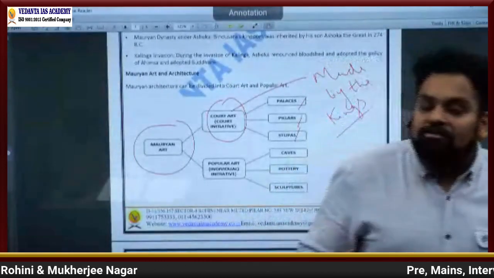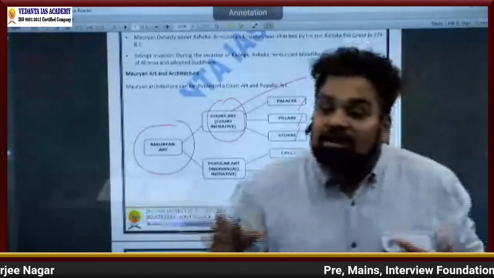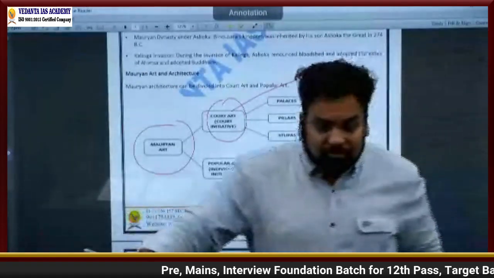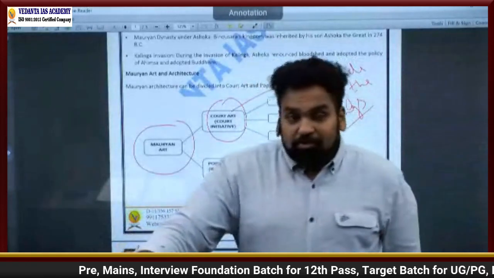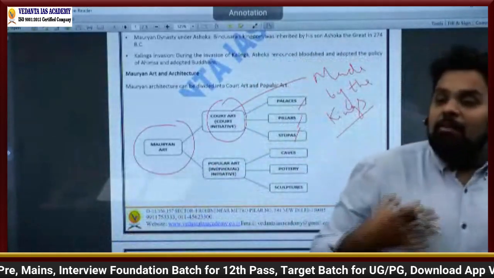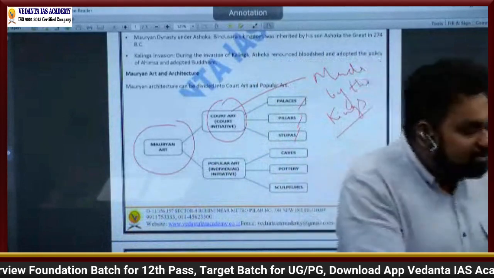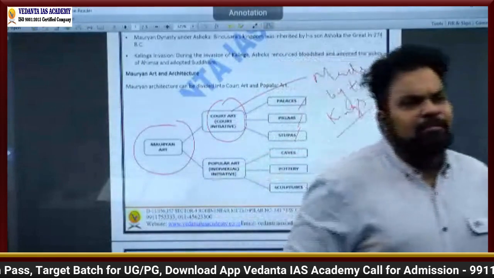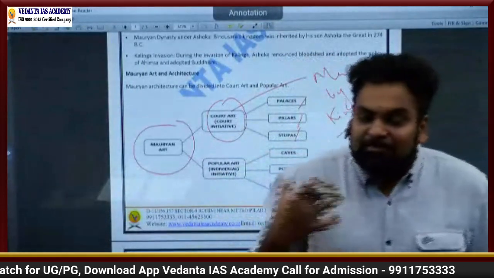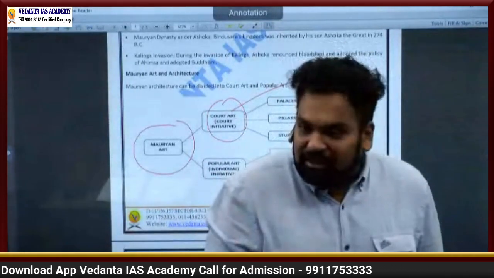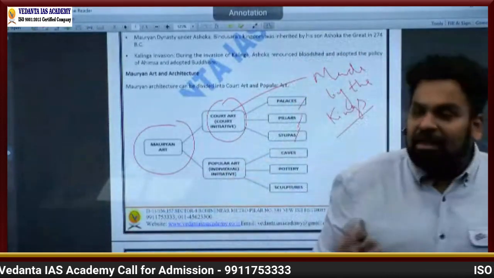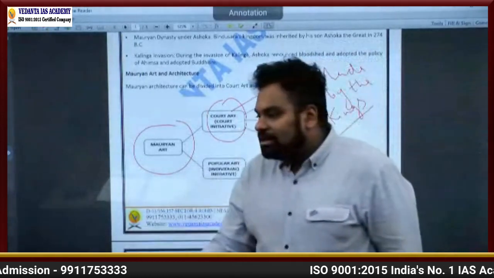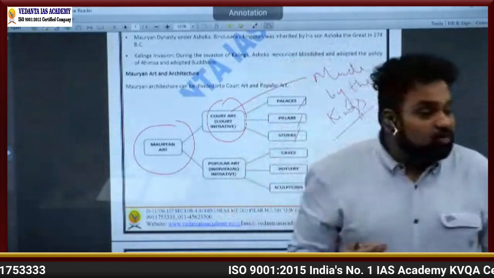It requires lots of tax collection, continuous flow of money.